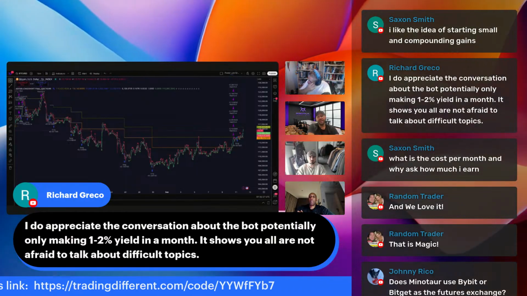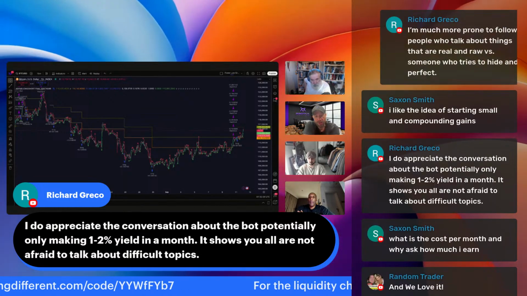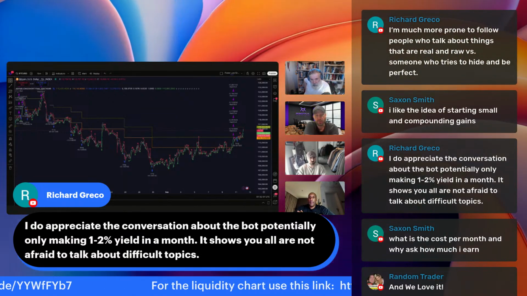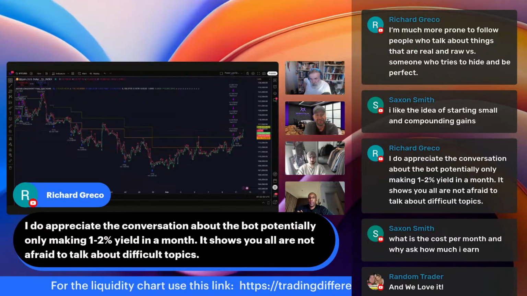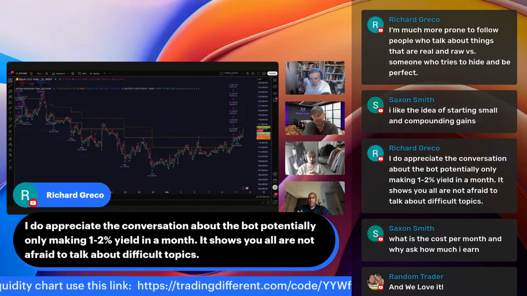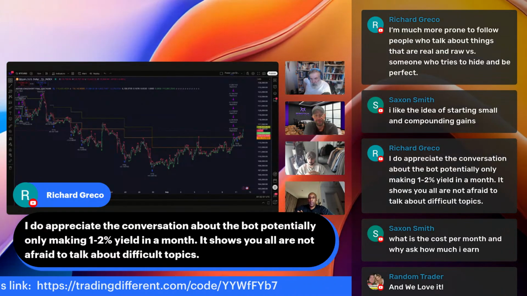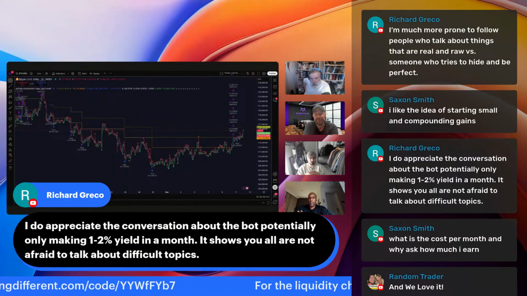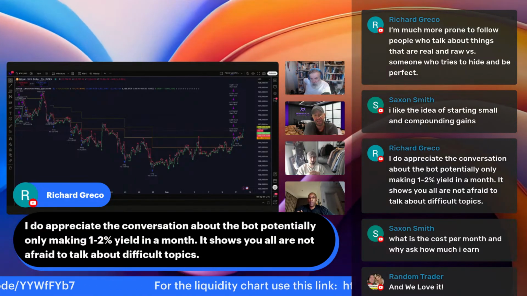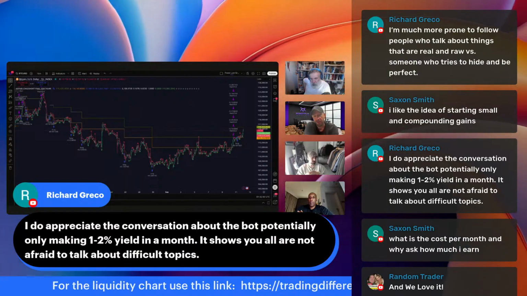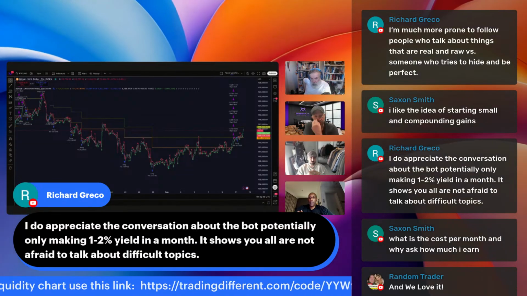Look, the reality is that it's quite possible that for a couple of months, that's what it's going to do. If the market doesn't give us the opportunity, we can't generate more than that. There are months that it will do significantly more, and then it'll average out over a cycle. We're talking about a 4-year cycle.